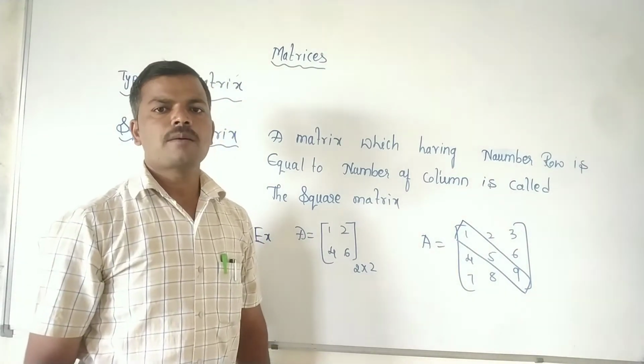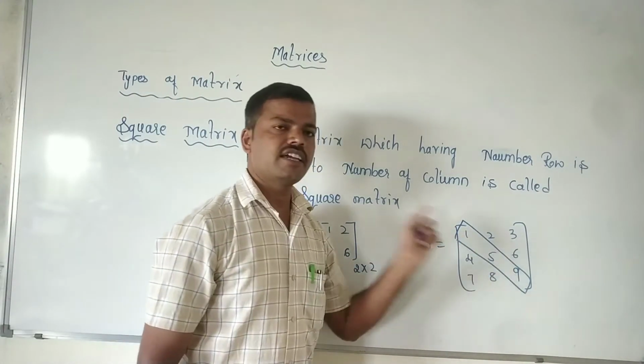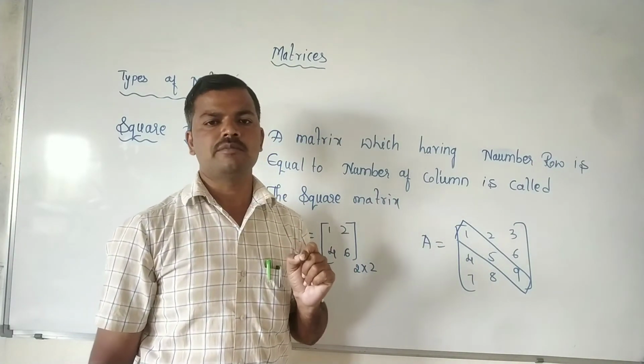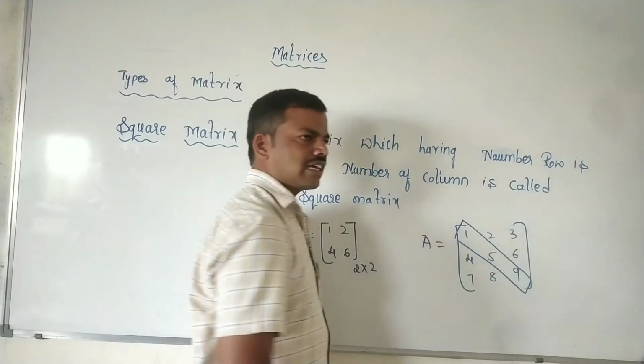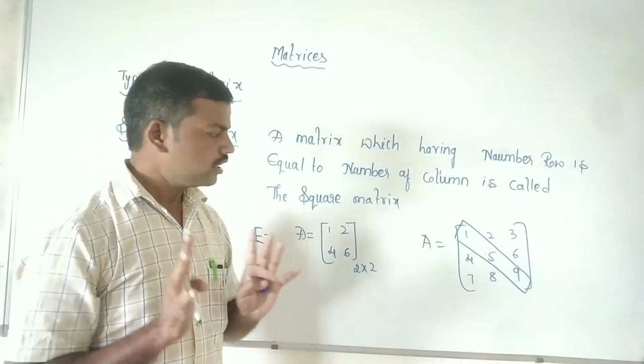The elements which lie in the principal diagonal are called the diagonal elements, and the remaining elements are called the non-diagonal elements. So these you have already known.